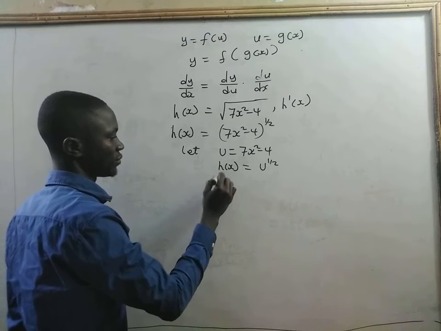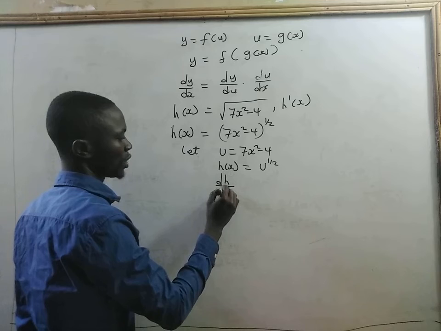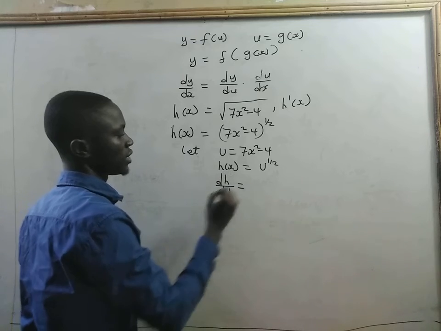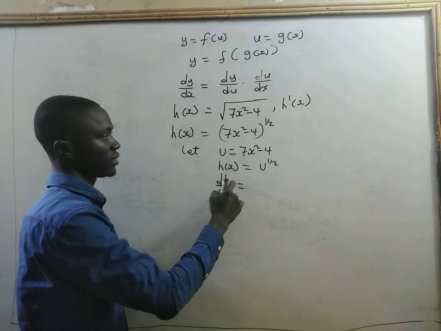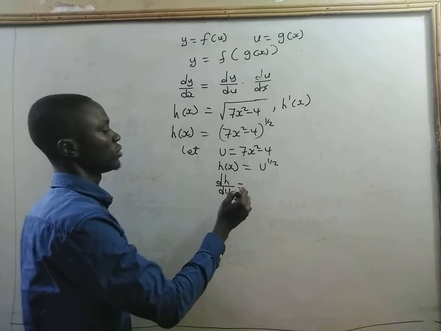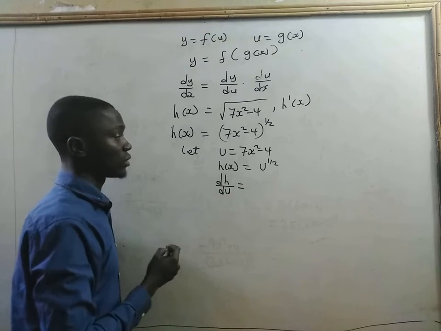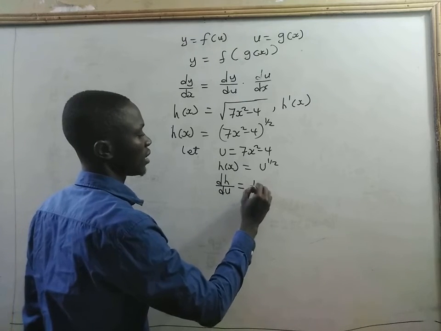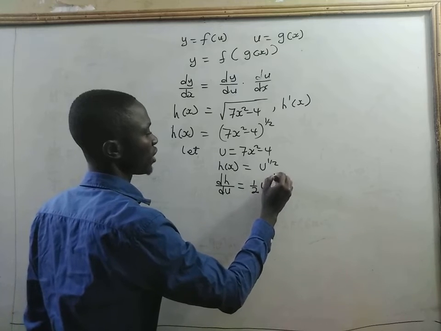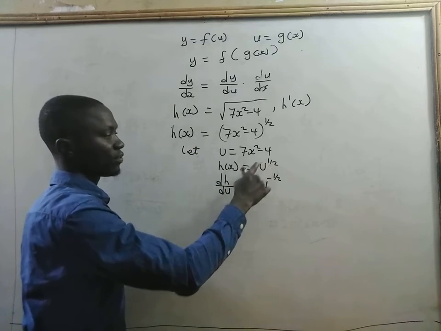The derivative of h with respect to u is equal to, so here you can bring h of x, there's no problem, with respect to u, or you can just write h on u, that's the same thing. It's half of u to the power negative 1 out of 2. Multiply half by u, you get this.